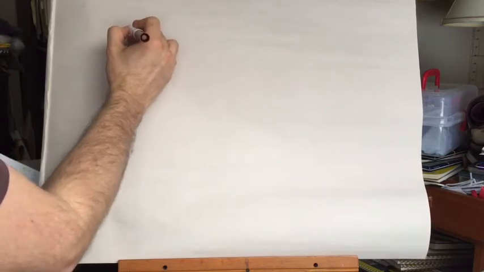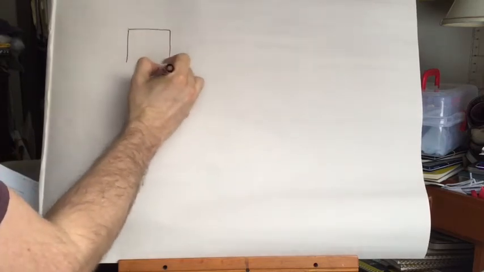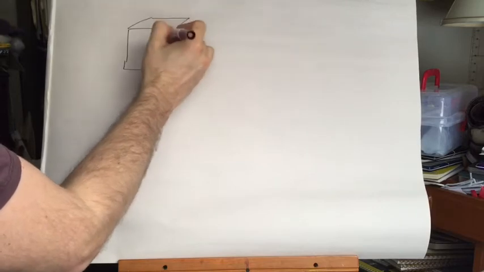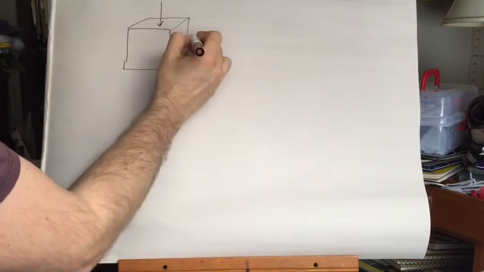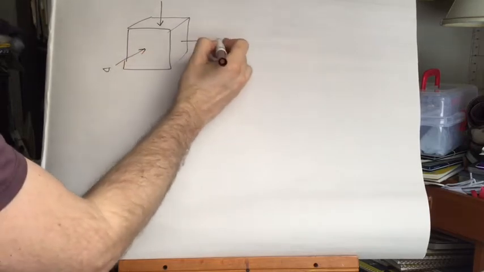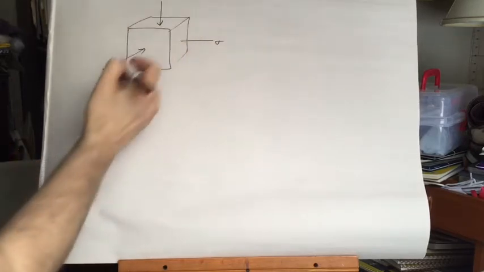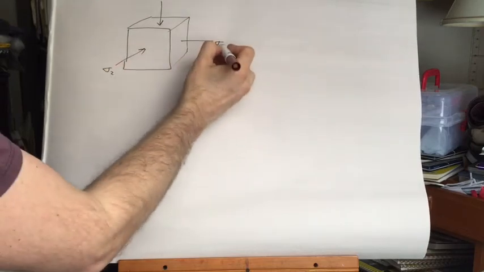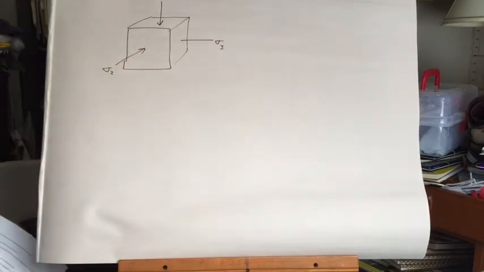So we can imagine that little point on that plane as a little tiny cube, and it's feeling some normal stress on each surface of it. We could just arbitrarily label those as sigma 1, 2, and 3 that we were just talking about.